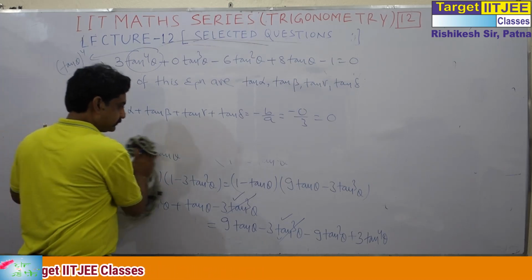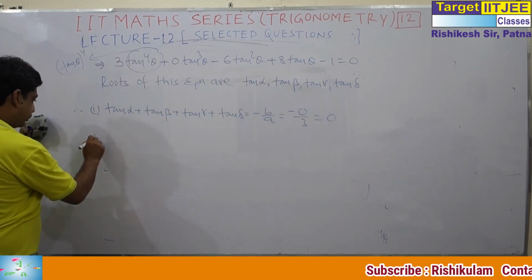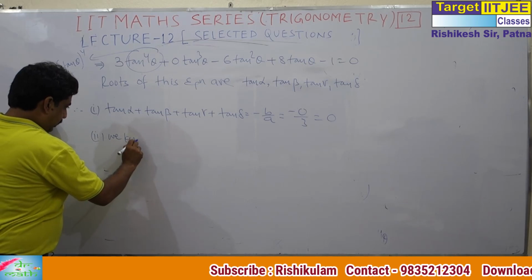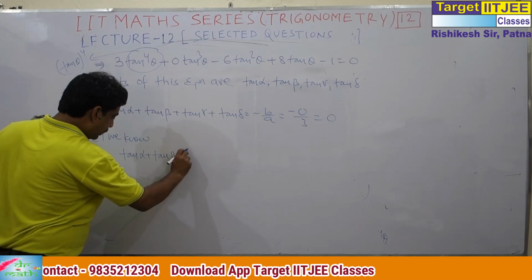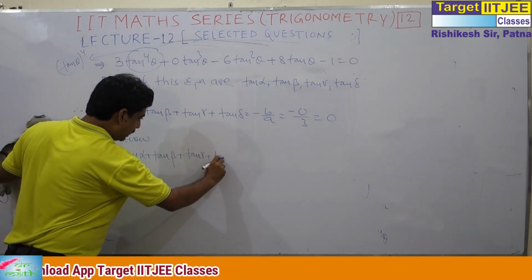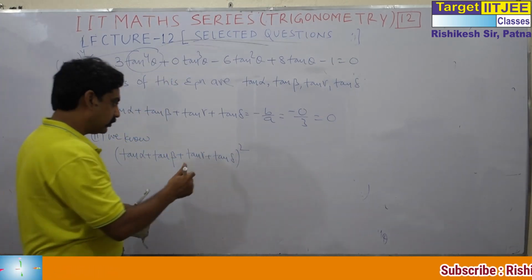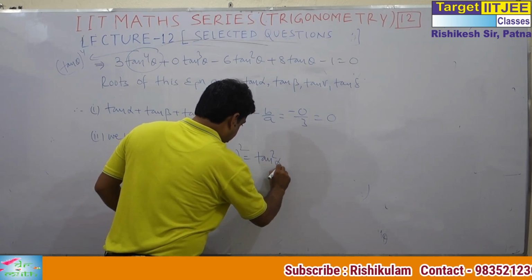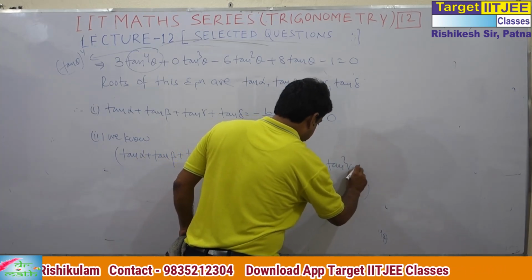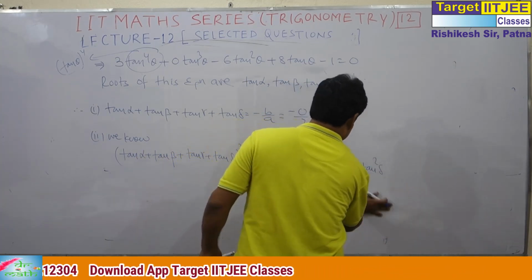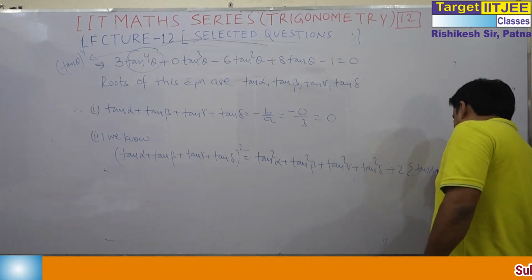Come to the second one. Now, for the second one you have to know this. We know that tan alpha plus tan beta plus tan gamma plus tan delta, whole square, is equal to tan square alpha plus tan square beta plus tan square gamma plus tan square delta plus 2 sigma tan alpha tan beta.